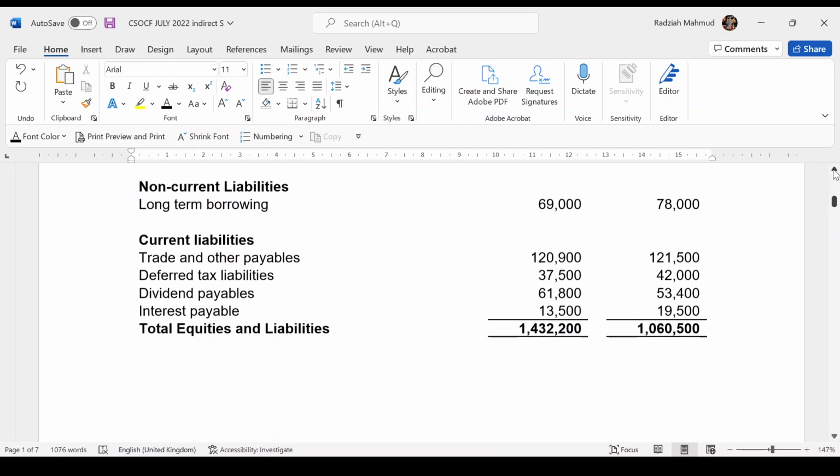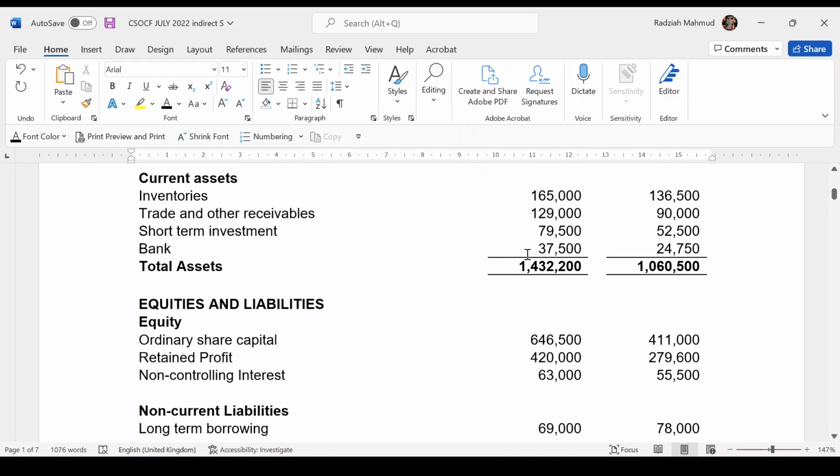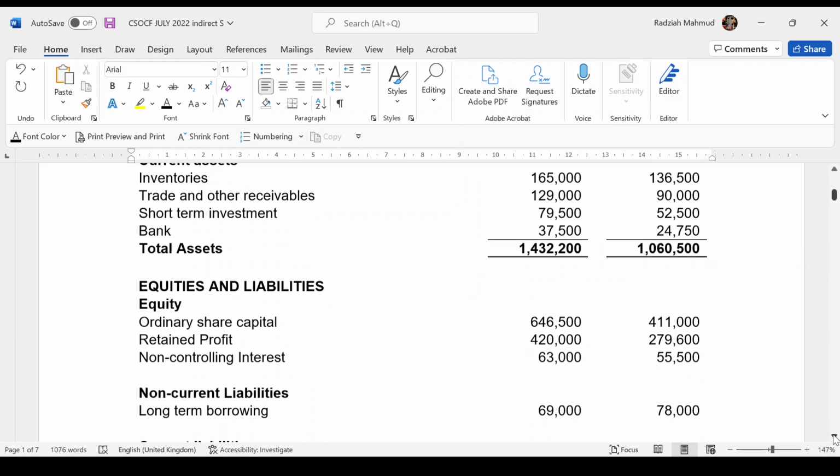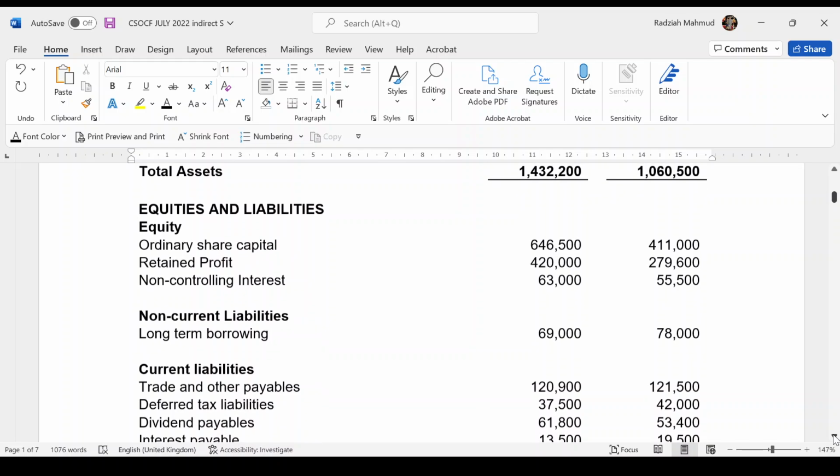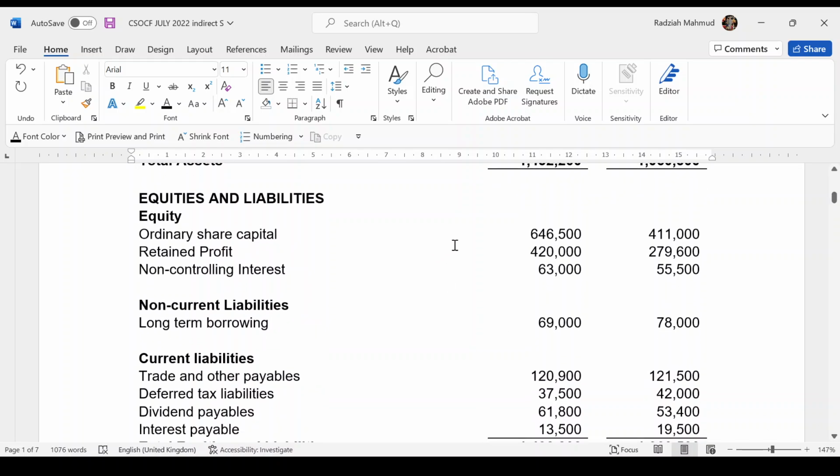After we finish the asset side, now we go to the equity and liability. I think we have done with ordinary share capital. Now let's look at retained profit.